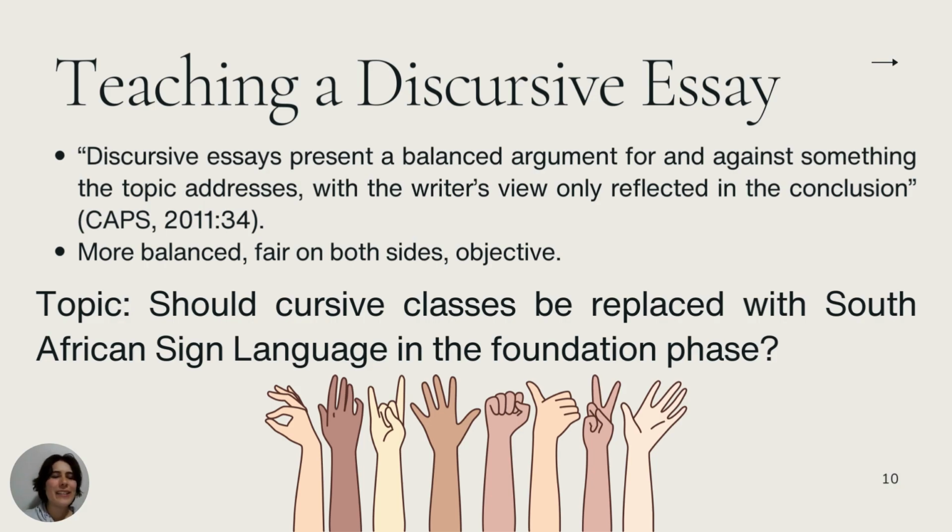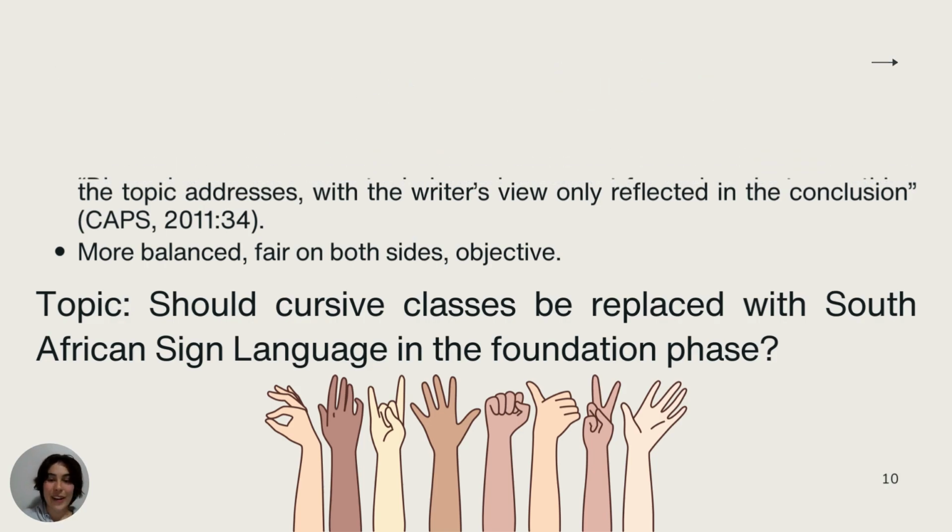And people need to learn how to read cursive because some people still write in cursive, and it's a useful creative problem solving skill. But of course, if not a lot of people write in cursive, is it still relevant? And is it more relevant than South Africa's newest official language? I don't know. It's something that you can discuss in your classrooms.